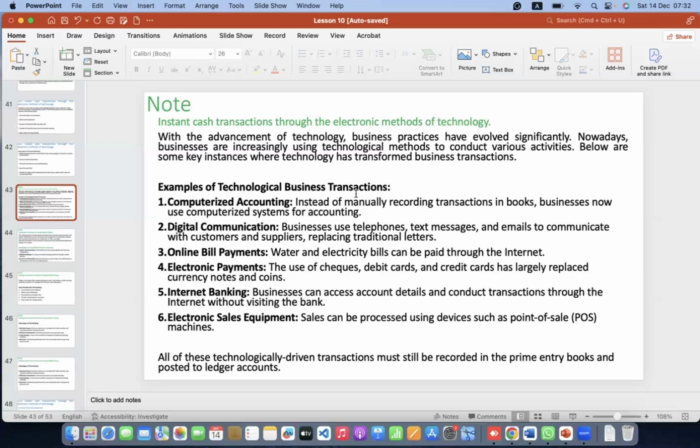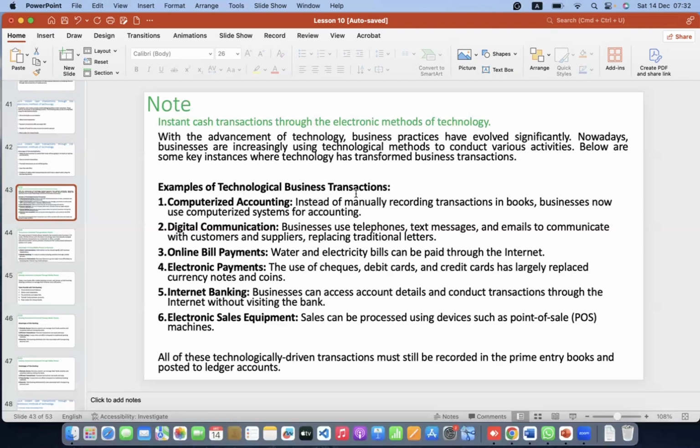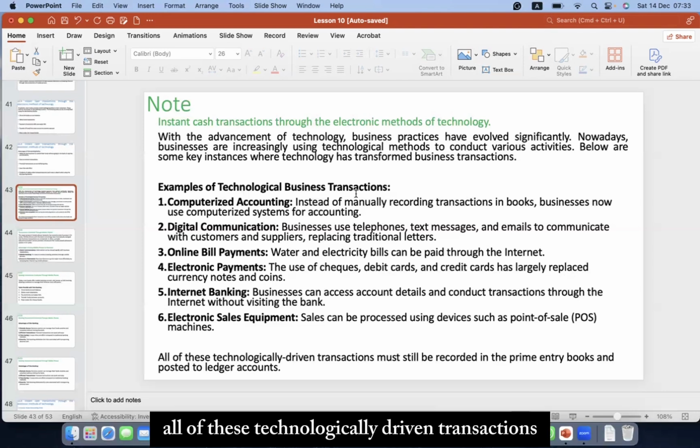Internet banking. Businesses can access account details and conduct transactions through the internet without visiting the bank. Electronic sales equipment. Sales can be processed using devices such as point of sales machines. And then all of these technologically driven transactions must still be recorded in primary books and posted into ledger accounts.